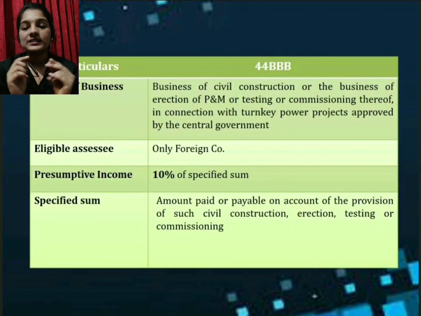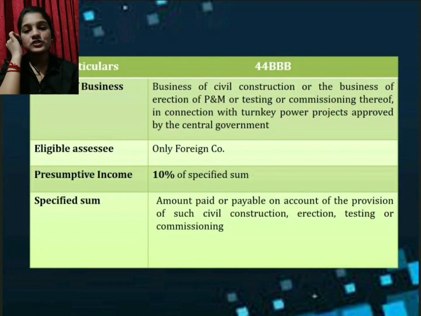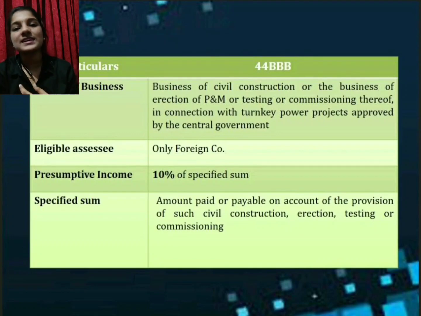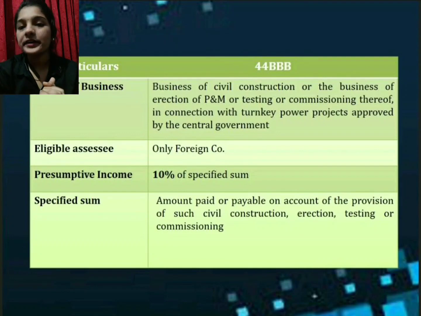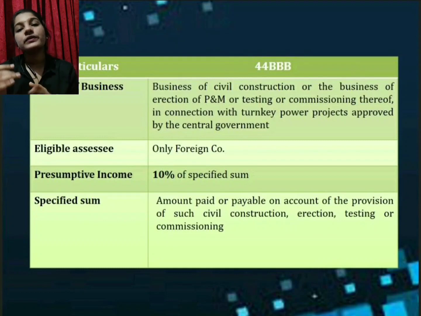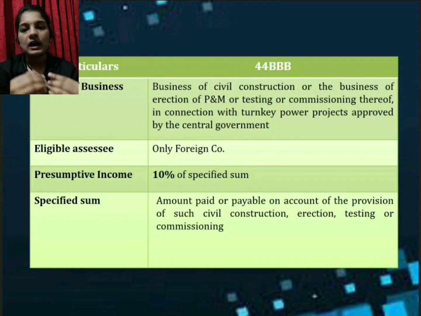Okay, now the last section of the session, section 44BBB. This section is available only to foreign companies. The earlier three sections were applicable to all non-residents, but this section is exclusively for foreign companies engaged in the business of civil construction or the business of erection of plant and machinery in connection with turnkey power projects such as metro, bullet train, etc. Okay, so such companies can declare income at the rate of 10% of the specified sum.